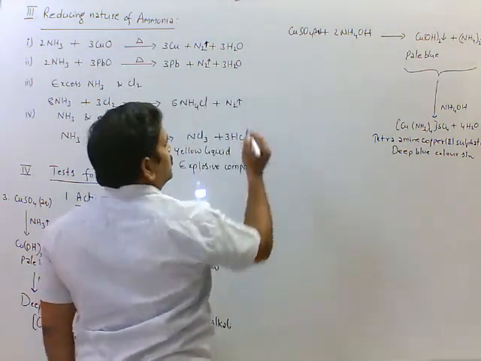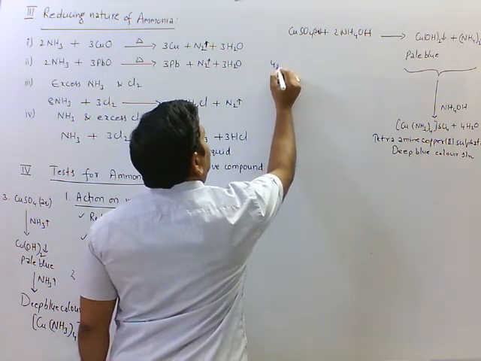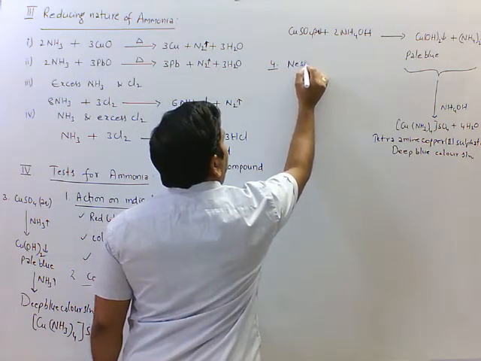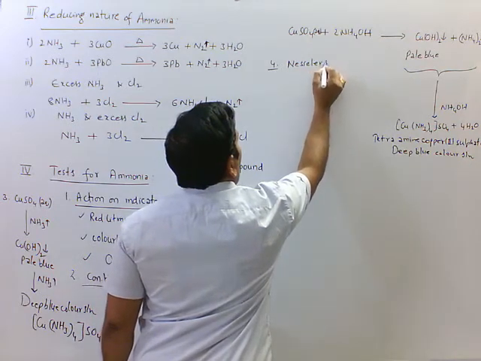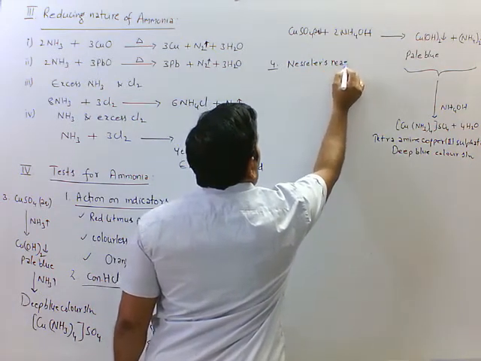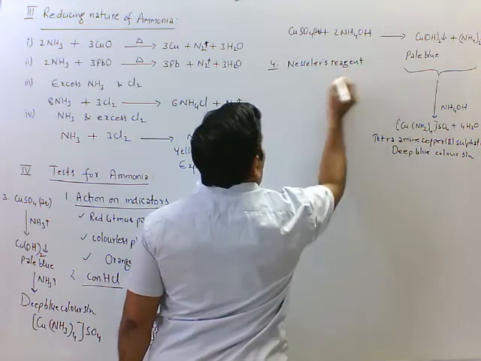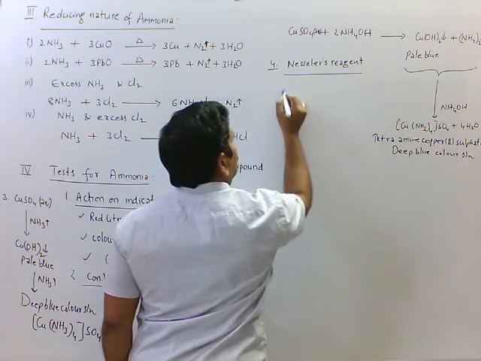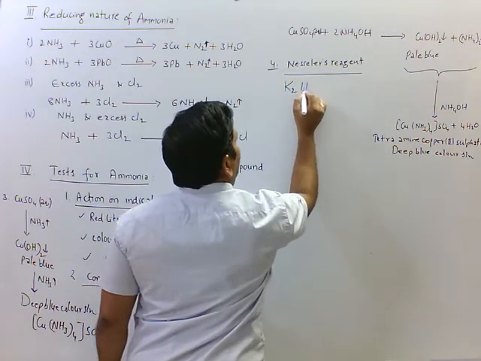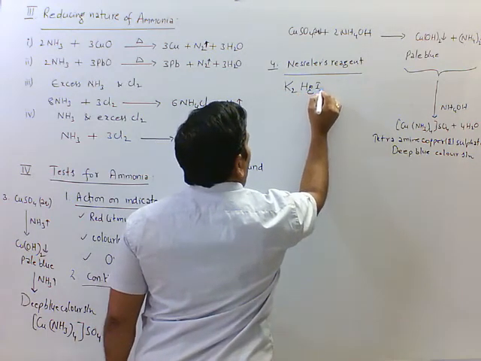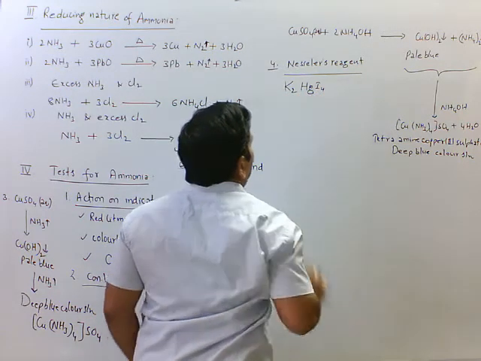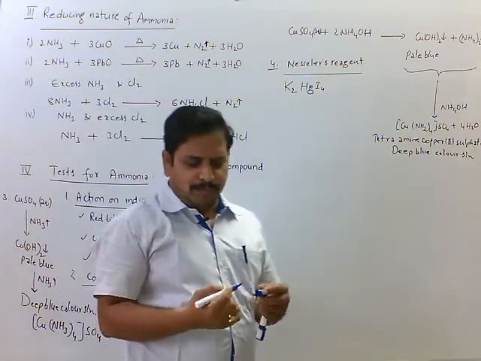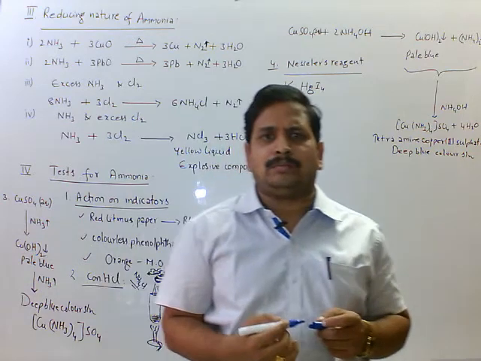And the fourth test is Nessler's reagent. Nessler's reagent is K2HgI4, potassium mercuric iodide.